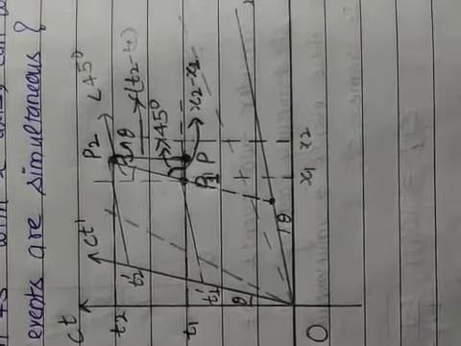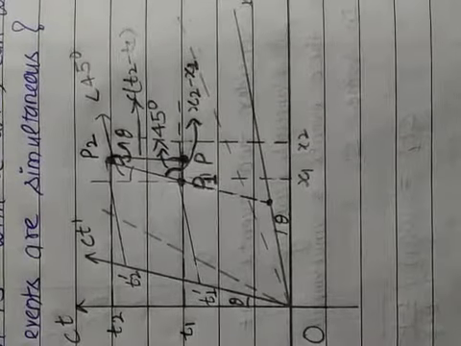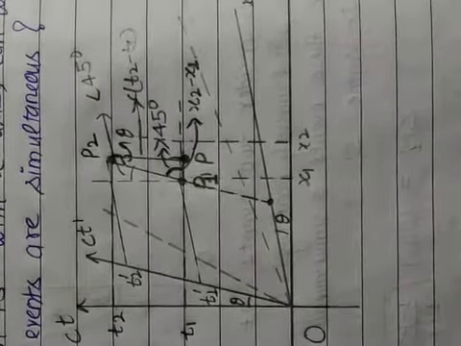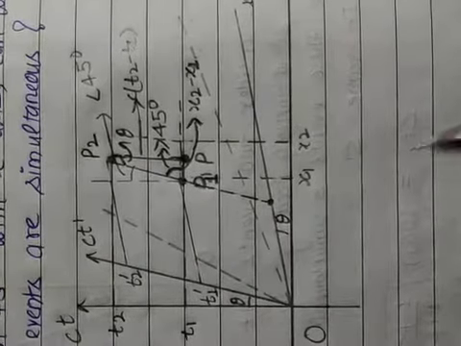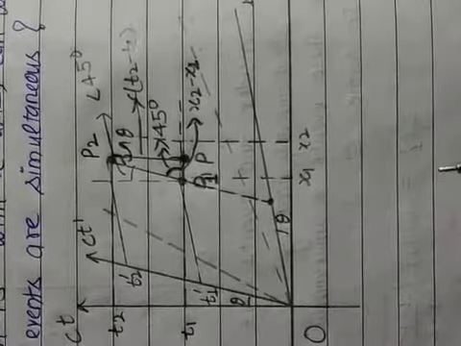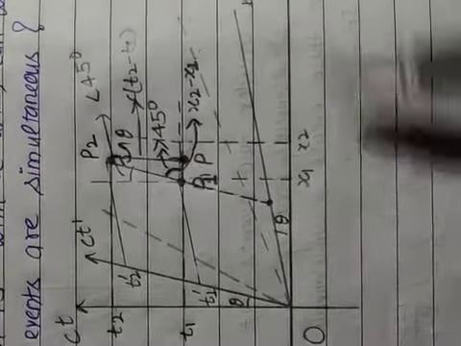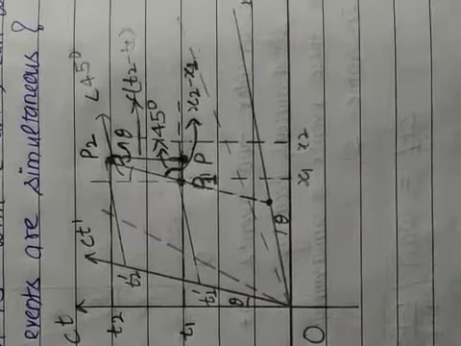The condition is that this theta does not equal or exceed pi by 4. I discussed it earlier, that this angle theta does not equal or exceed pi by 4.